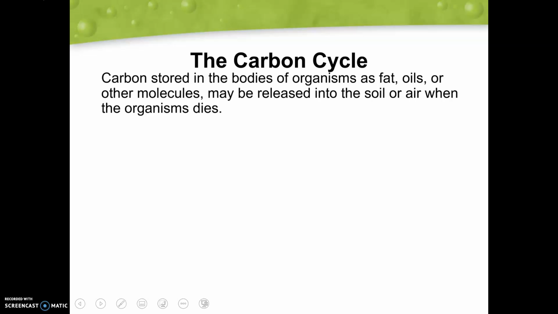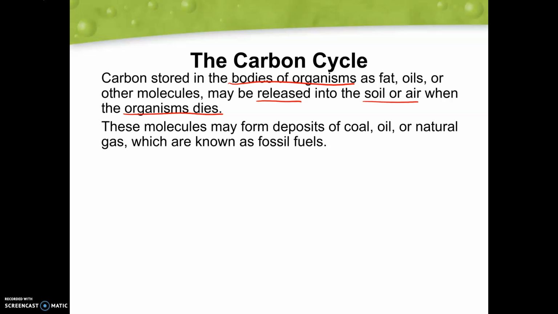So for the carbon cycle, we see that carbon is stored mostly in the bodies of organisms as fats, oils, and other molecules like carbon dioxide and sugars, and it can be released into the soil or air when an organism dies. So decomposition is also going to be a large factor here as well.